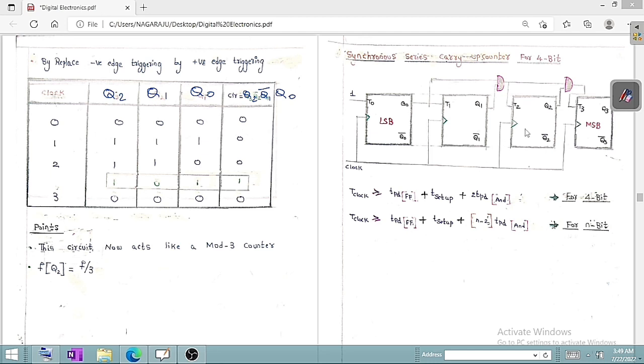This is for the 4 bit. For the n bit, the clock time is greater than or equal to the propagation delay of the flip-flop plus setup time plus n minus 2 into the propagation delay of each AND gate. So we can see clearly that in the ripple counter the T clock should be greater than or equal to n times the propagation delay of the flip-flop, whereas this is the expression for the synchronous series carry counter for 4 bit.